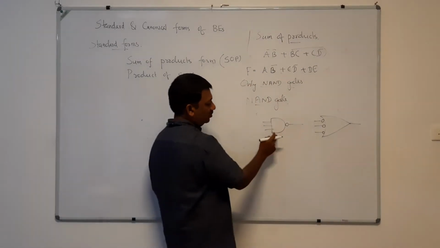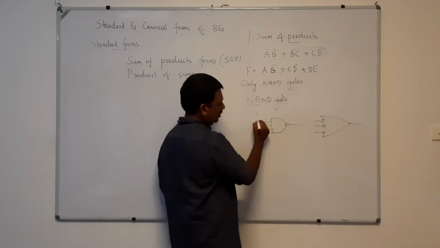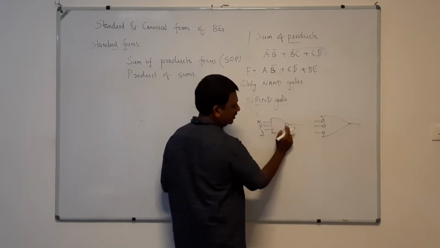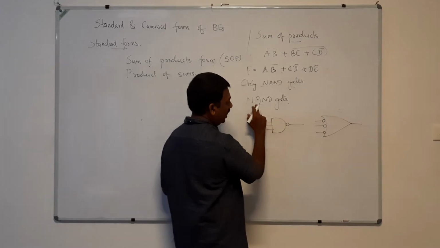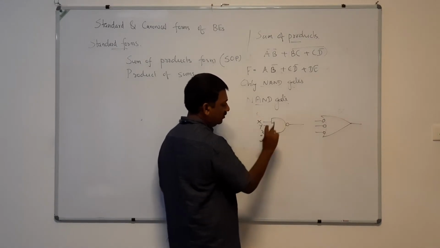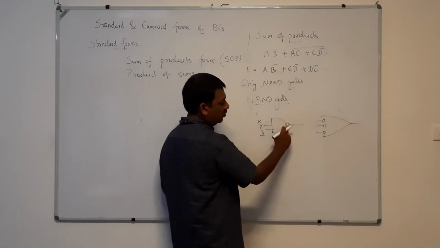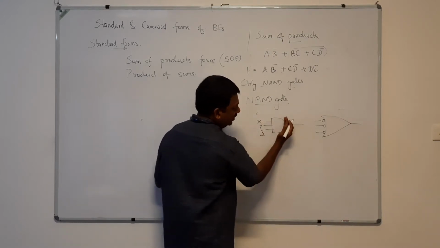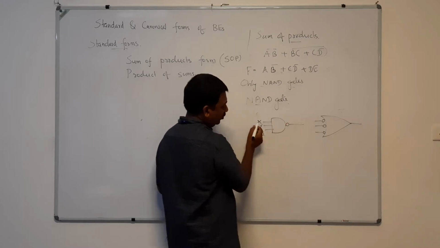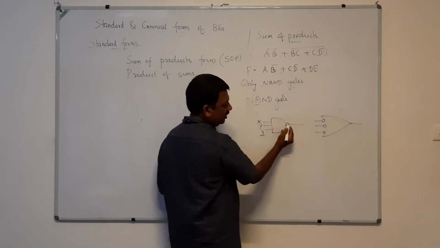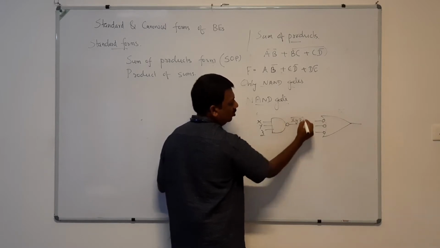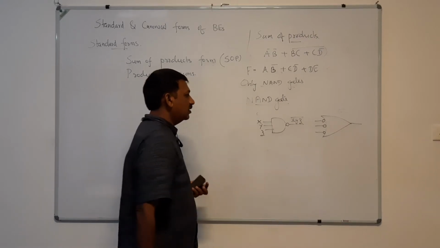For example, suppose you give x, y and z here. This is an AND gate, and after that there is a NOT operation. NAND means NOT of AND. After the AND operation, you do a NOT operation, so the output will be x, y, z the whole bar.